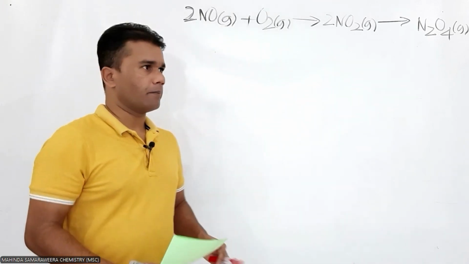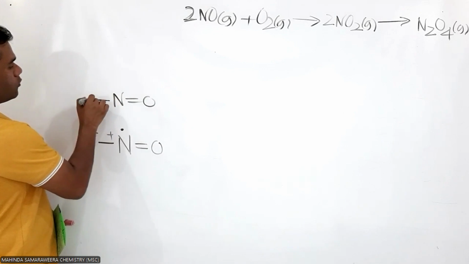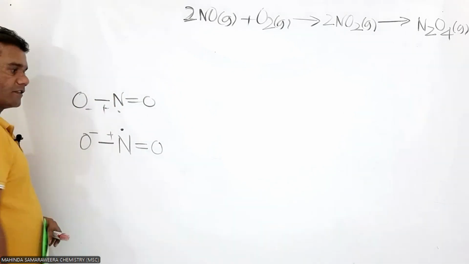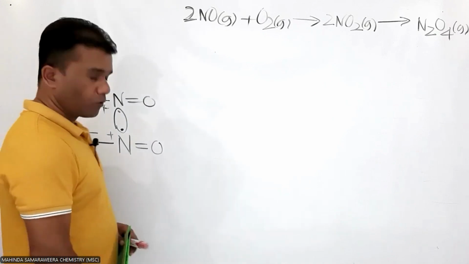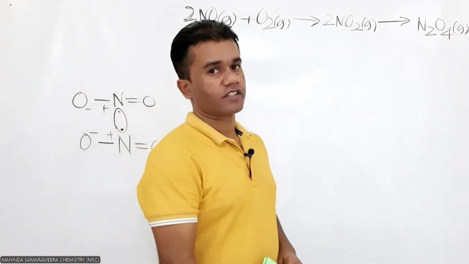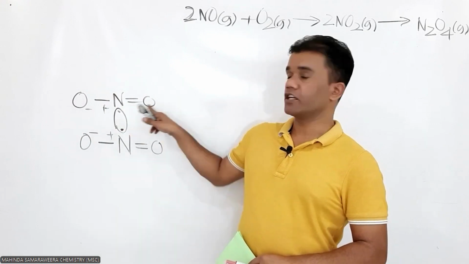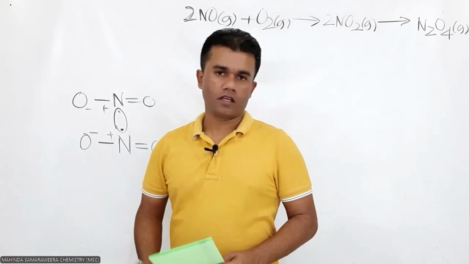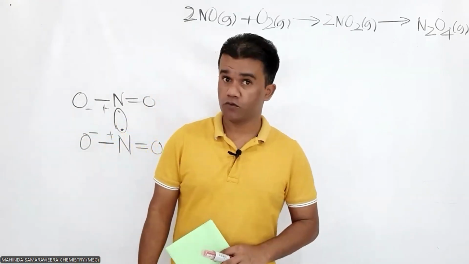Because of that, what happens? Two NO2 molecules undergo dimerization. These two molecules now equally share their two unpaired electrons and form a new sigma bond. Once it forms a new sigma bond, it becomes N2O4. Therefore, the NO2 molecule can undergo dimerization to form N2O4.